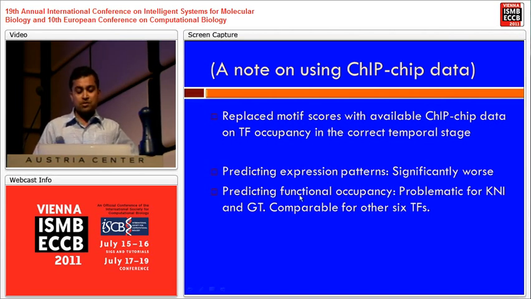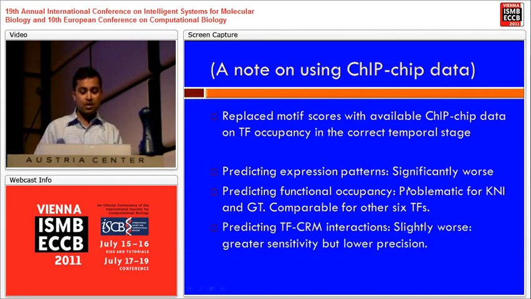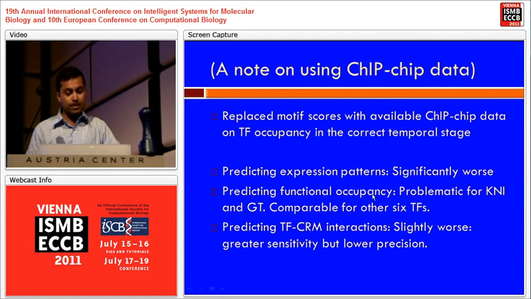For a couple of transcription factors, Knirps and Giant, the ChIP data gave really unreasonable-looking results. And in predicting TF-CRM interactions, you would normally think that if a ChIP peak is present, that's a regulatory interaction there. The results were actually, again, surprising. They were worse than those based on our model and sequence analysis.